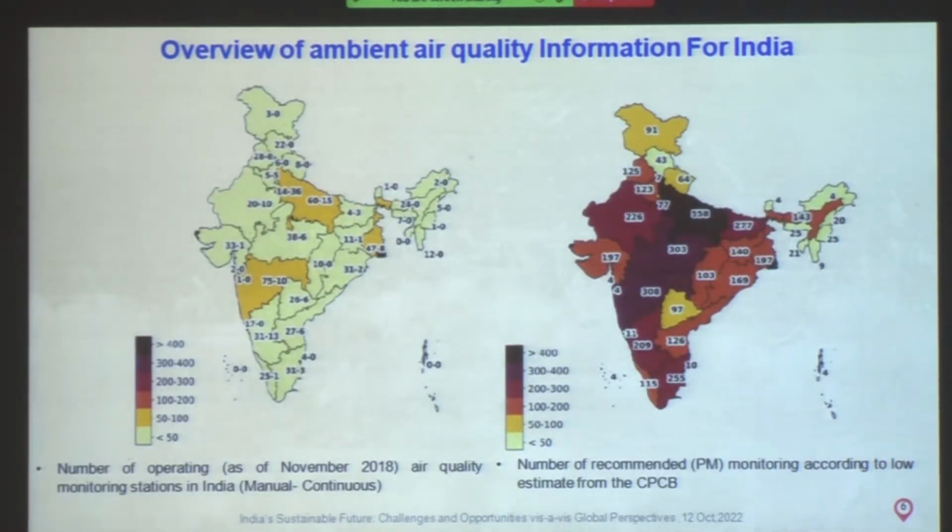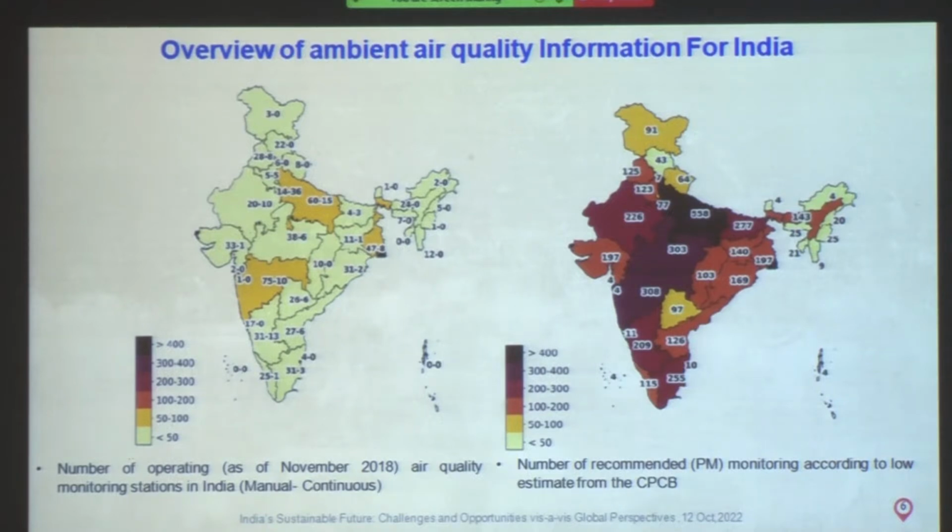So if you look, there are two maps of India shown in this slide. On the left is the current state of monitoring, which basically shows there are about 350 to 400 continuous monitoring stations operational in the country, and around the same, or a little more, are manual monitoring stations. So altogether about 700-800.